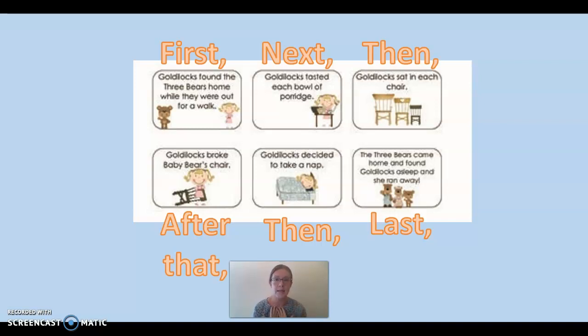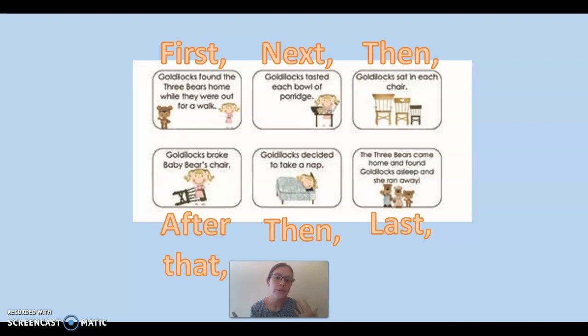So if we're retelling by sequencing in Goldilocks and the Three Bears, we're going to say, first, Goldilocks found the Three Bears' home while they were out for a walk and they weren't home. She went inside. Next, Goldilocks tasted each bowl of porridge. Mama Bear, Baby Bear, and Daddy Bear. Then she sat in each bear's chair.